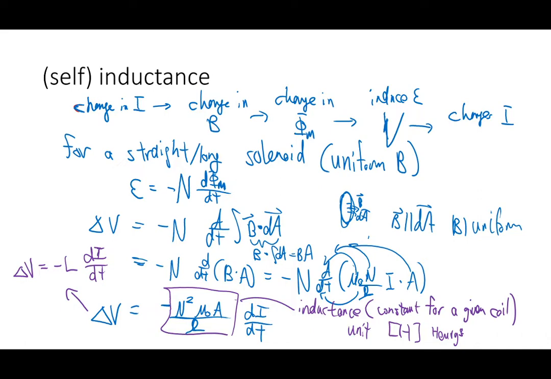For whatever shape or size of the thing, you can calculate this inductance number, and then you can use that in the circuit analysis. So that's the governing equation for your inductor, much similar to how the resistor has V equals IR and the capacitor has Q over C.